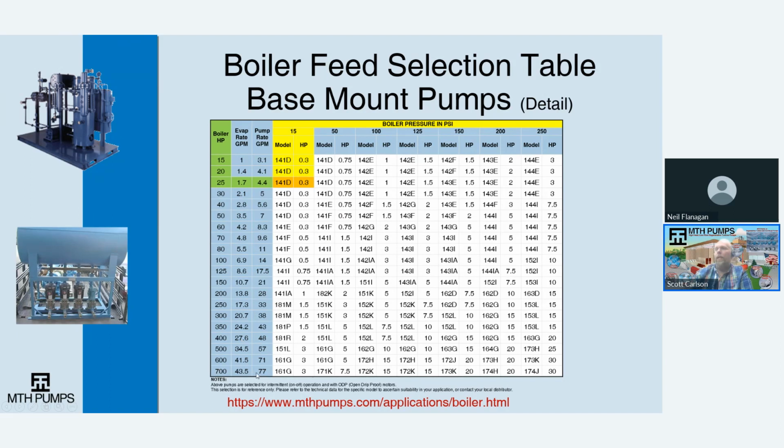But they hit much higher pressures because they're multi-stage. In this example, we have a 25 horsepower boiler running at 15 psi in the system, so a 141D on a 3rd horsepower would work for that one.